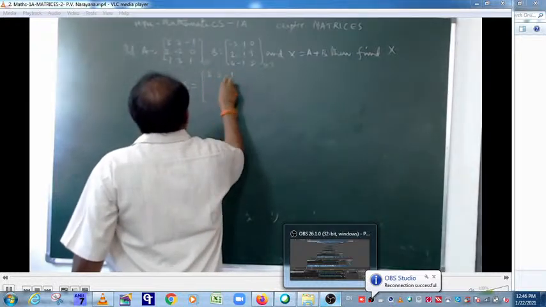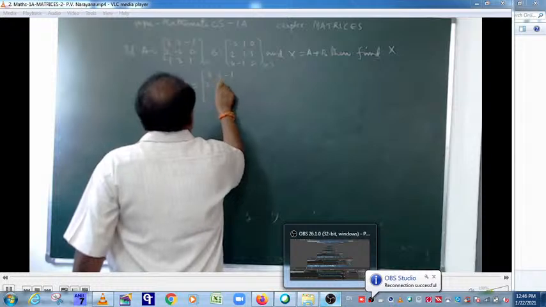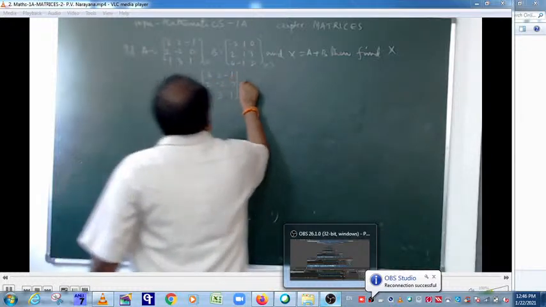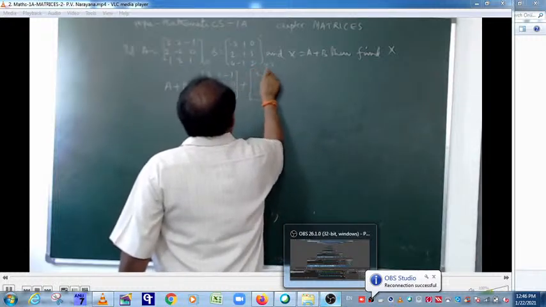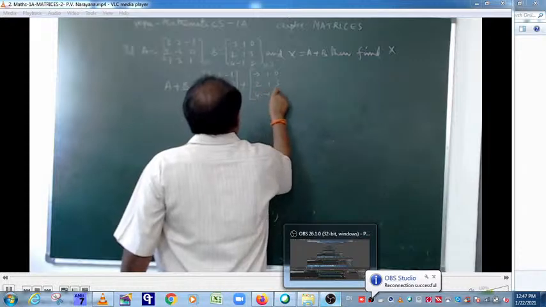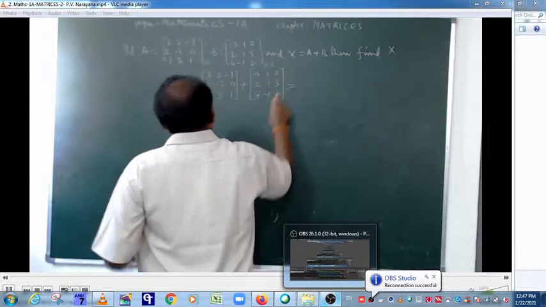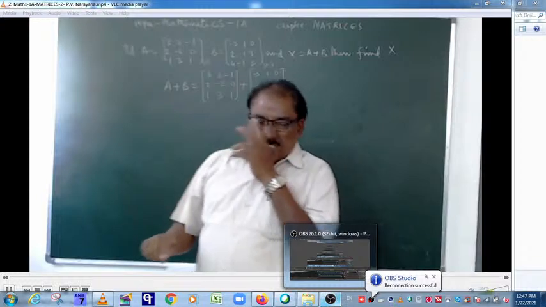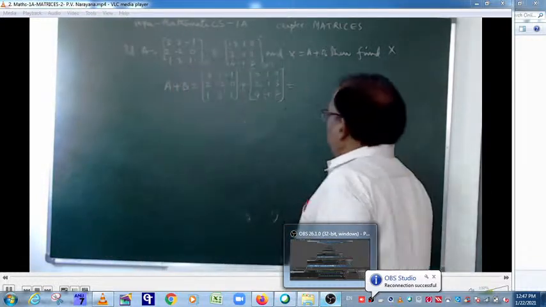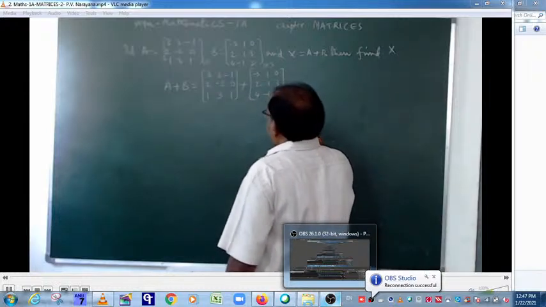First of all, find A plus B: 3, 2, minus 1, 2, minus 2, 0, 1, 3, 1, plus minus 3, 1, 0, 2, 1, 3, 4, minus 1, 2. Addition is nothing but adding the corresponding elements of both matrices.